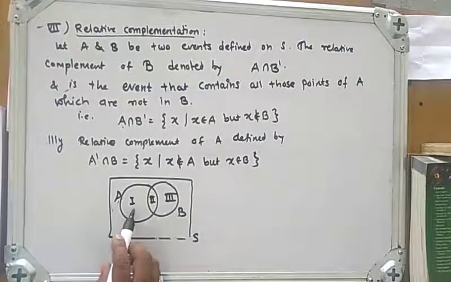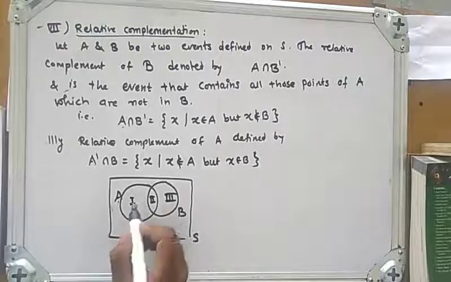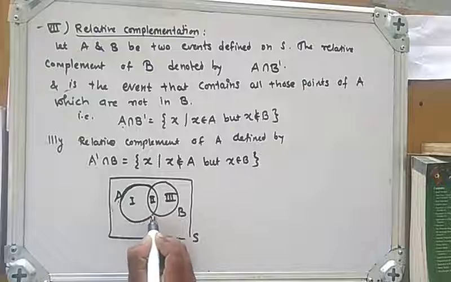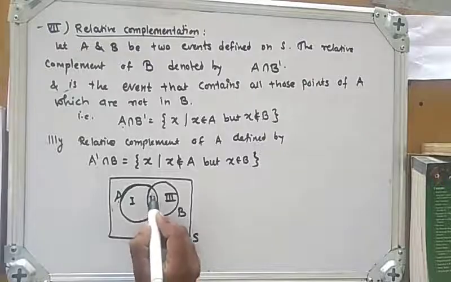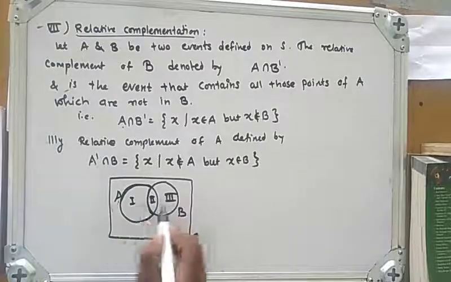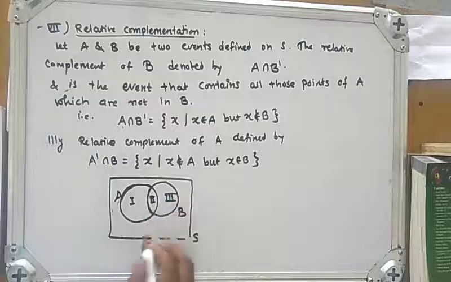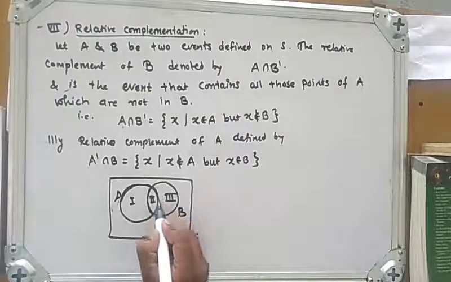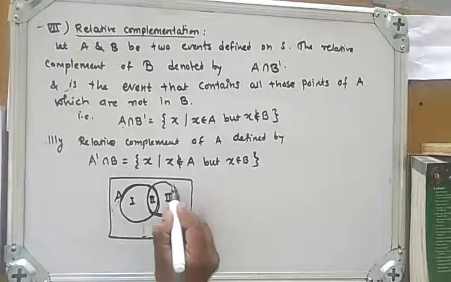The first part has only elements like this, the second part has the common elements between A and B, and the third part has elements in this region.